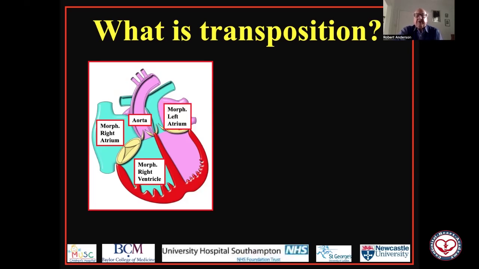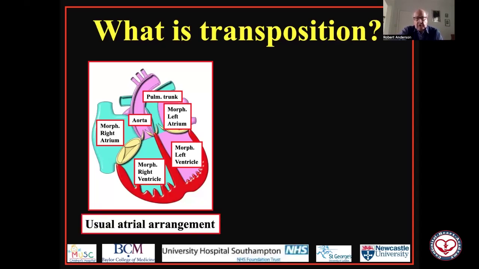And so on the other side, we have the morphologically left atrium pumping into the morphologically left ventricle, into the lungs, and then, of course, the blood is going to come back to the morphologically left atrium. So here we have the essence of transposition, in this instance, with usual atrial arrangement.